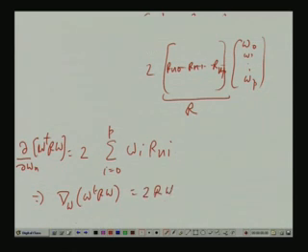So if we sum up, what is the net gradient? We earlier had minus twice p.